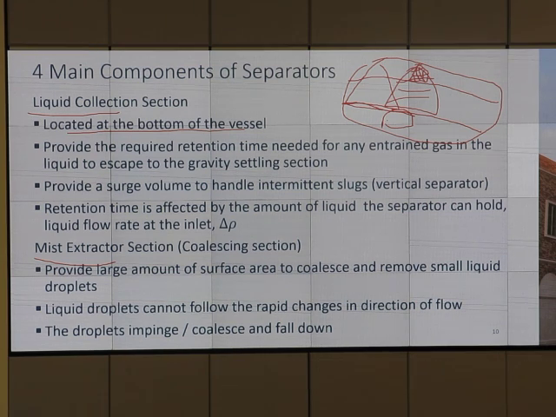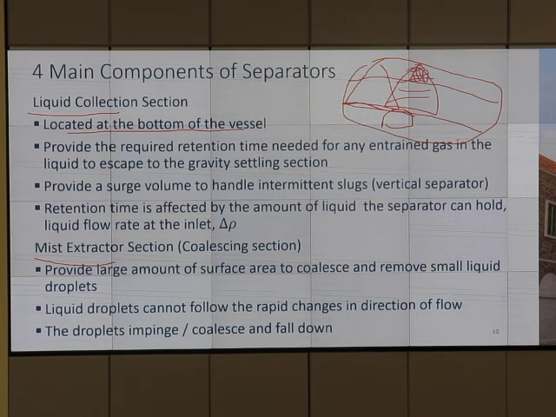So for a horizontal separator, the change in the liquid level impacts both gas and liquid retention time. If we increase the level, retention time for gas will go down, but retention time for liquid goes up. If we reduce the liquid level, retention time for gas goes up, but liquid will go down. Make sense to you? Alright.